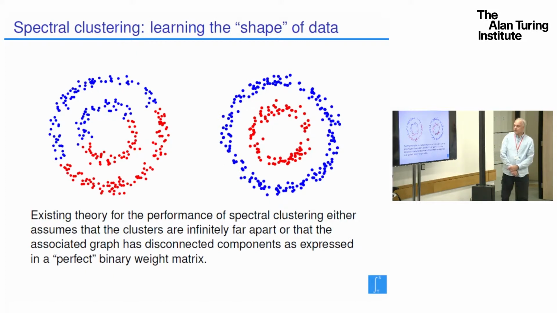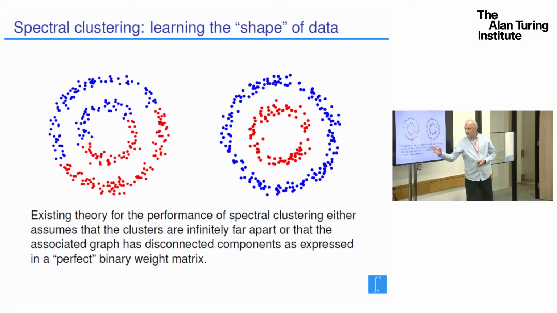And I found that, to steal some slogans from Ron, really disturbing and really uncomfortable. There are theorems out there, don't get me wrong. There are theorems out there that assume the two clusters are infinitely far apart, I'm not continuing there. There are other theorems that tell you if you have a perfect adjacency matrix, I'll tell you later what it is, which means you have to know the clusters beforehand to design that matrix.